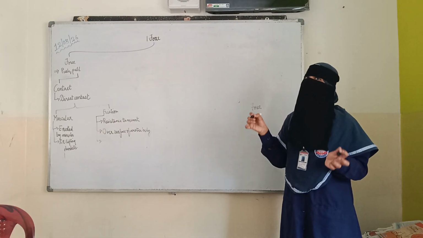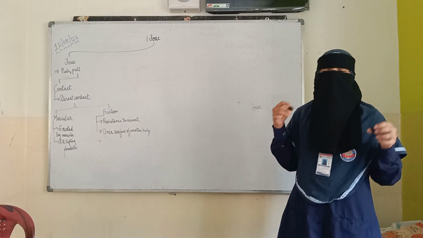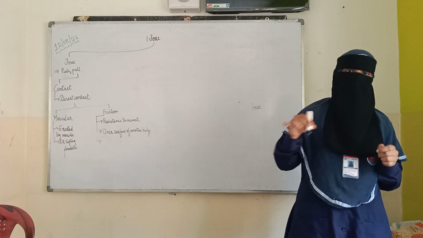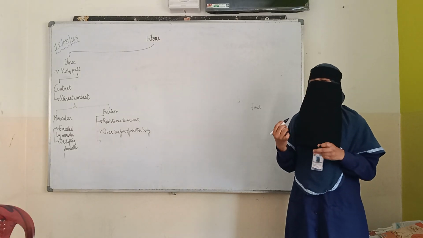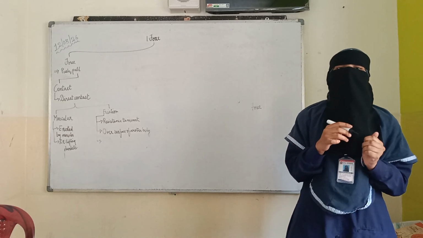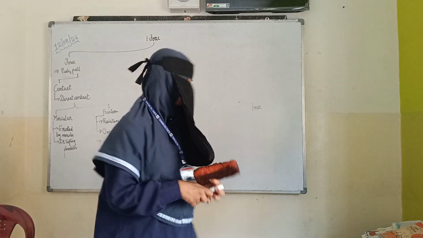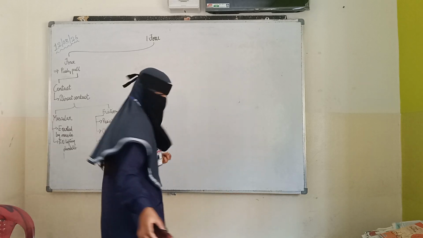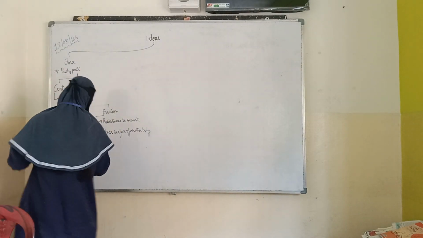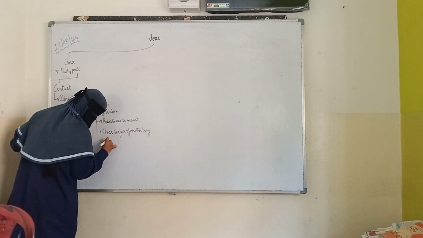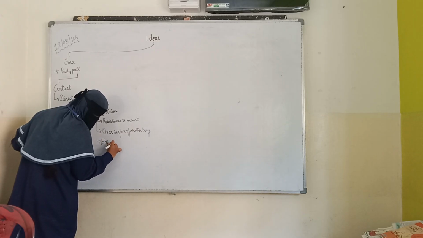Why? Because friction force is there between the pen and my hand. That's why it's not slipping. So we can say that friction is necessary for a good living. So an example of frictional force is writing.